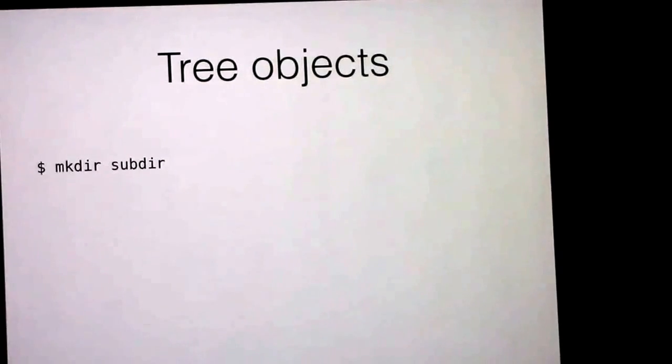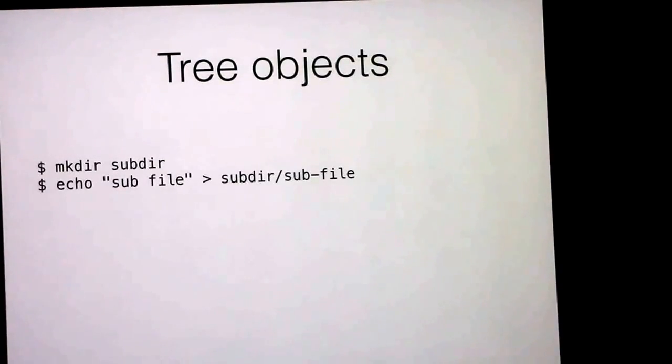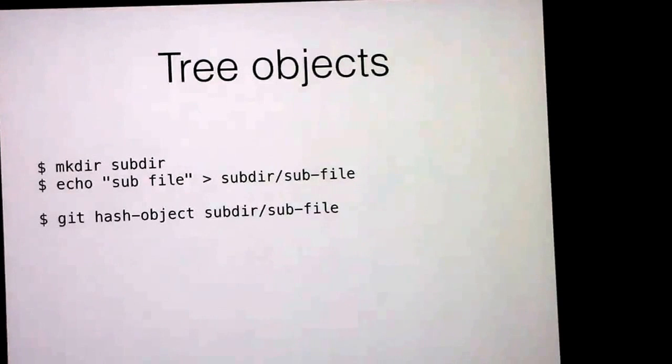So here, this was a tree object. Go ahead and type these commands. Make your subdir, and we're going to echo some file into the subdir again. Your fingers should have that muscle memory on this one. Now, before we add it or do anything else to the file, there's another plumbing command that we can play with called hash-object.